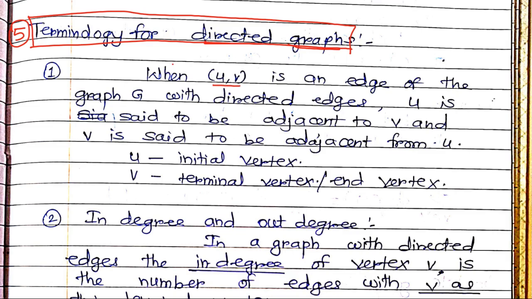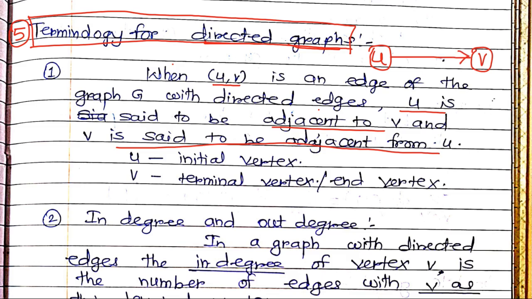When uv is an edge of a graph G with directed edges, u is said to be adjacent to v and v is said to be adjacent from u. Suppose there is an edge between two vertices u and v, with the direction from u to v.